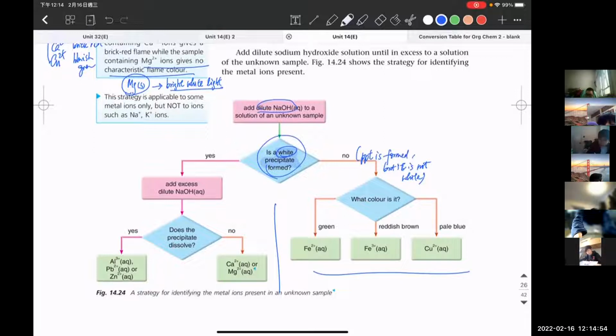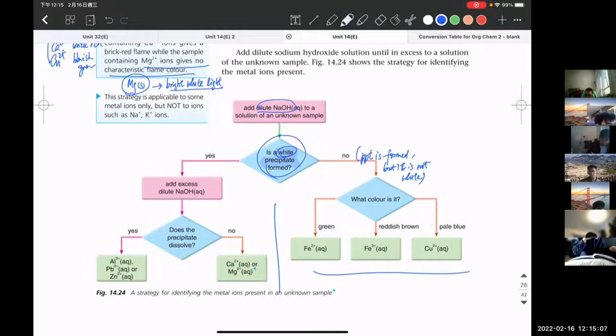You want to change the wording a little bit. Matthew, how can we change the English such that it matches this? A different colored precipitate is formed. But you say yes or no. So how do you change the question a little bit such that you can say yes or no and we can understand which is which?